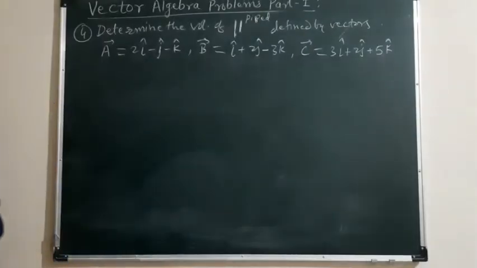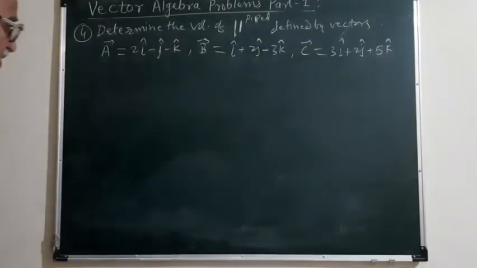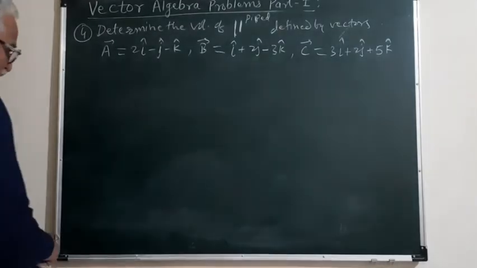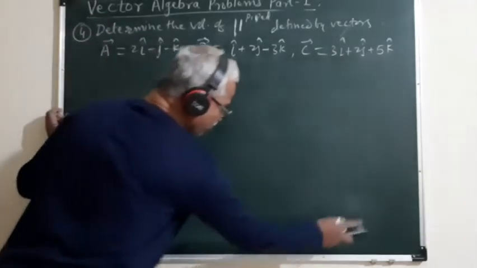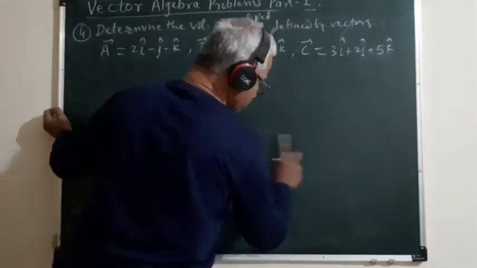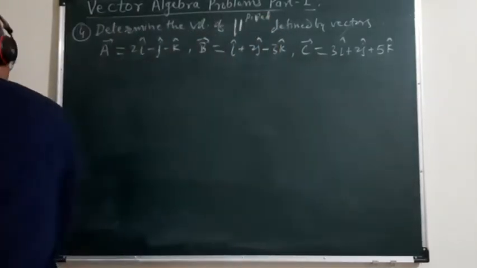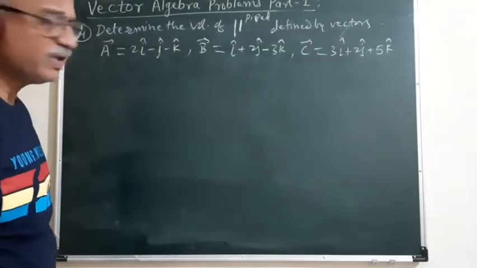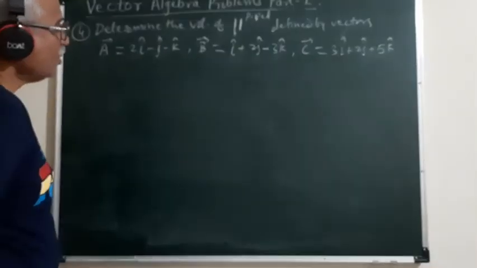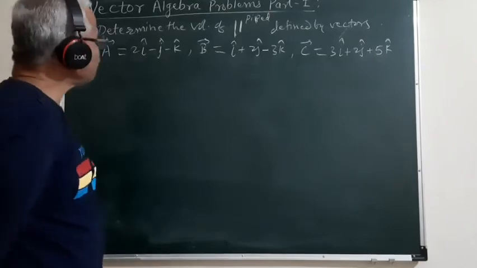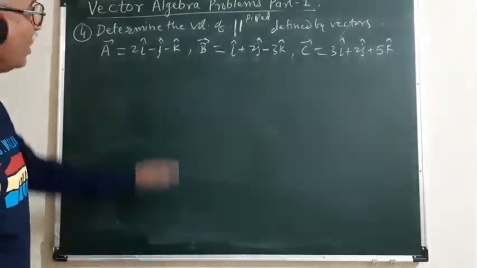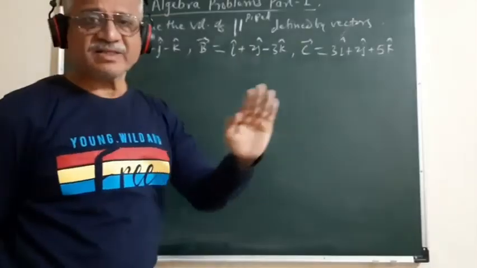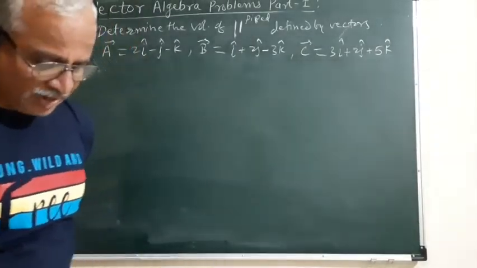So you are given these three vectors A bar, B bar and C bar, which constitute a parallelepiped. All these three vectors originate from a single point, and they constitute the three adjacent sides of this parallelepiped. You are asked to find the volume of this parallelepiped formed by these three vectors as three adjacent edges.